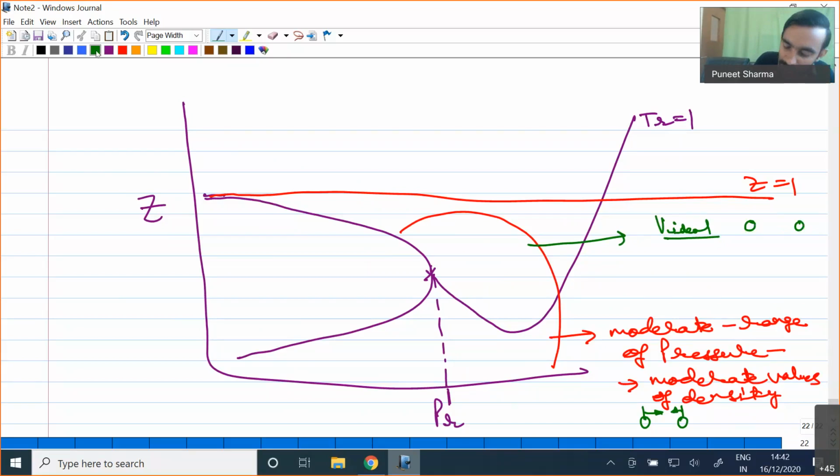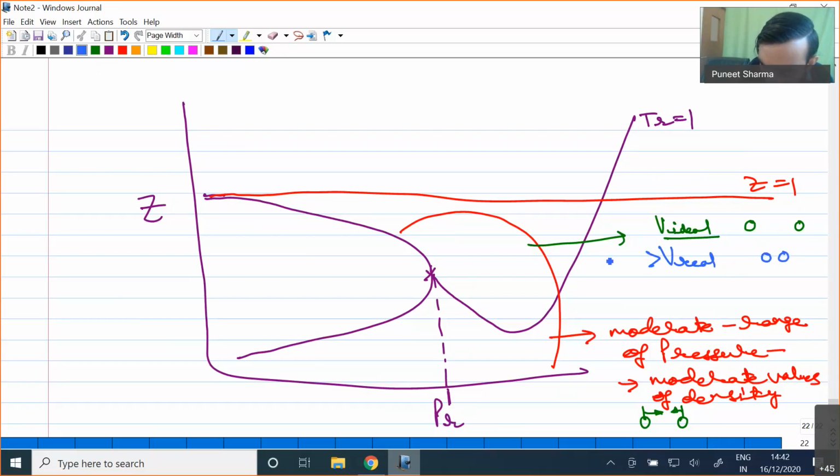However, in the real state, molecules experience attraction forces, so they come slightly closer to each other and occupy less volume than in the ideal scenario.